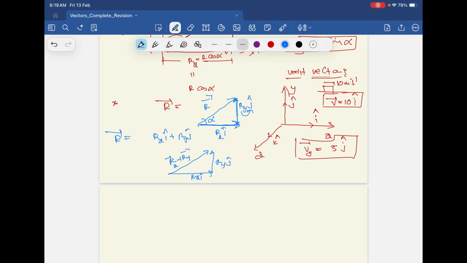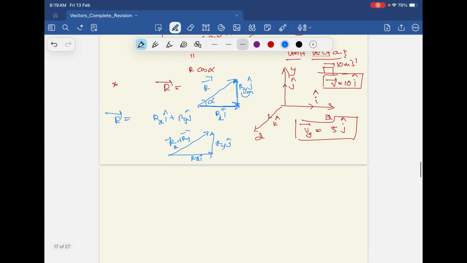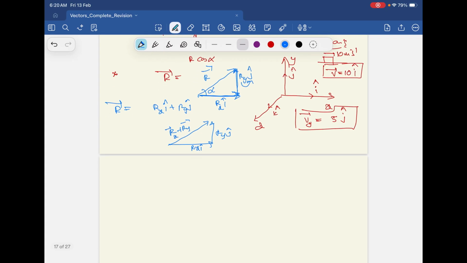Now z is perpendicular to the x and y planes, right? So this is the resultant of rx into i cap plus ry into j cap. Z is perpendicular to these two. Say I am drawing a perpendicular to this; the z component is rz, so I say k cap.